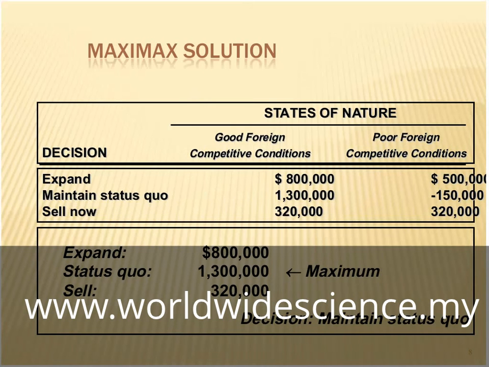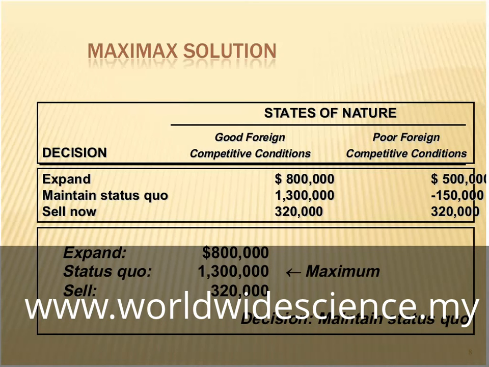For maintain, the maximum is 1,300,000, and in sell there is no difference, 320,000. When you select the maximum for each decision, at the end we should select the maximum of this maximum. Among 800,000, 1,300,000, and 320,000, the maximum one is 1,300,000 US dollars. So you should select maintaining the machinery and equipment.